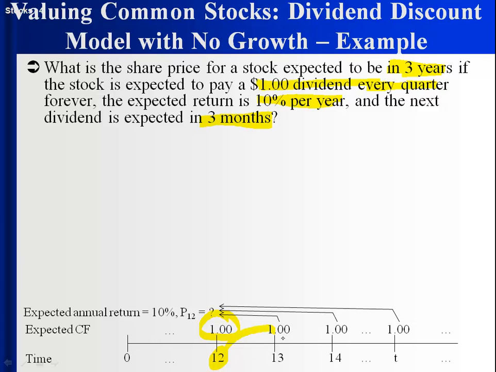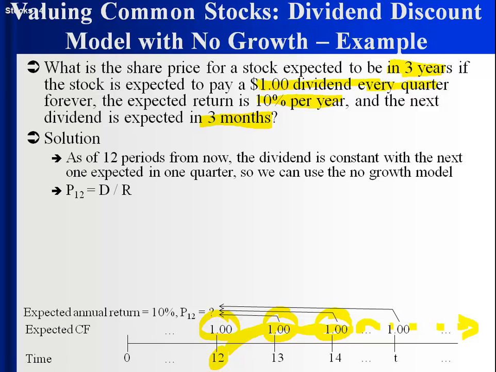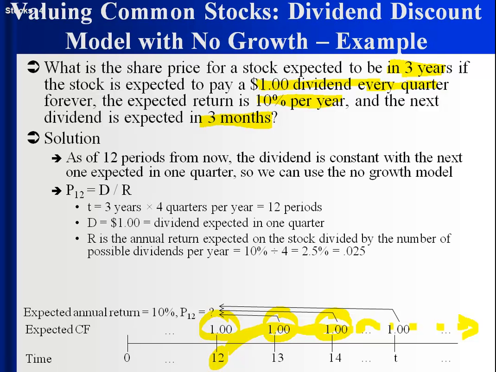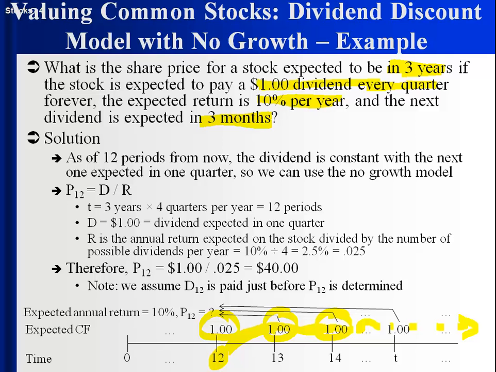And what do we see? We see $1 in one period, then $1 a period later, forever and ever and ever. So as of time 12, in one period there's $1, and then after that, every 3 months, forever, is $1. So what do we expect the price to be?